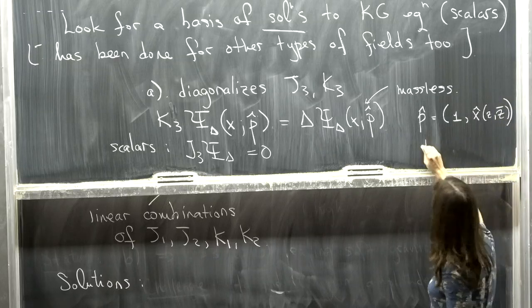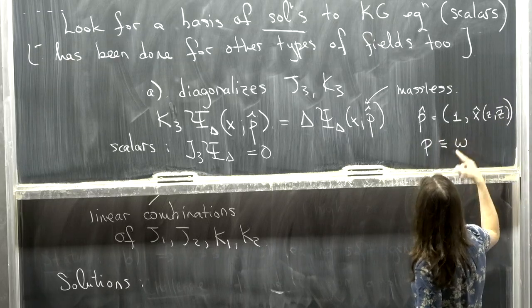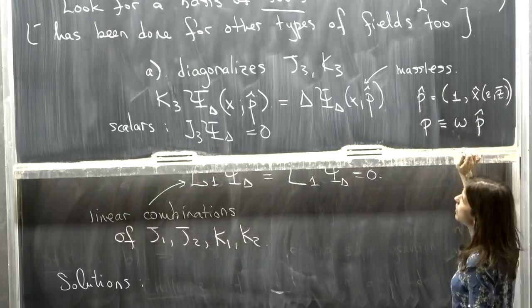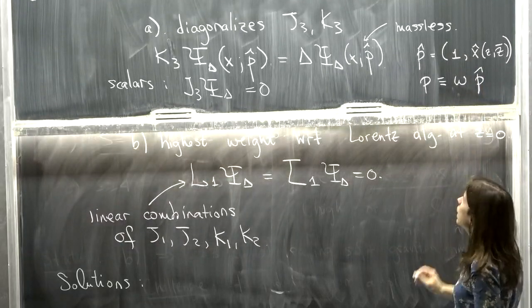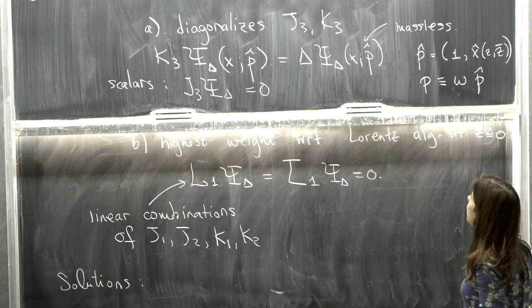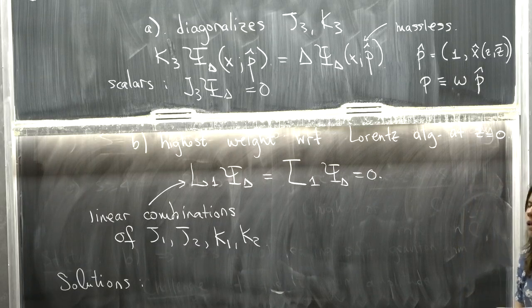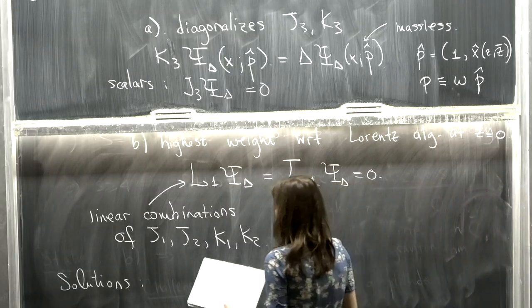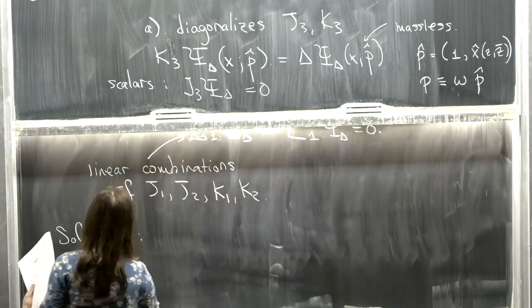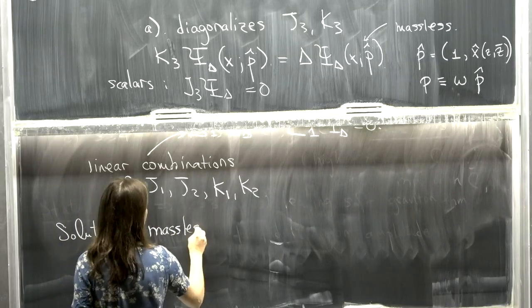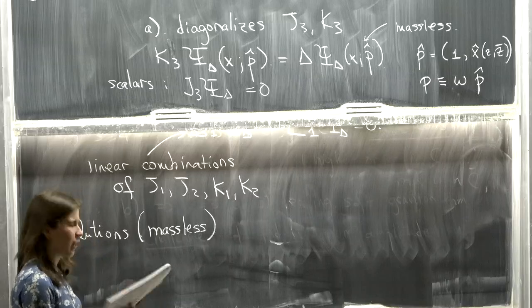And then in general, my p is going to be some scale omega times this p hat, which is only a function of z and z bar. Yeah, thank you for the question. There is a similar thing for massive particles. This omega would be related to delta. I'm going to show that in a moment. I'm just going to focus on the massless case for now, and I'll say some words about the massive case as well.